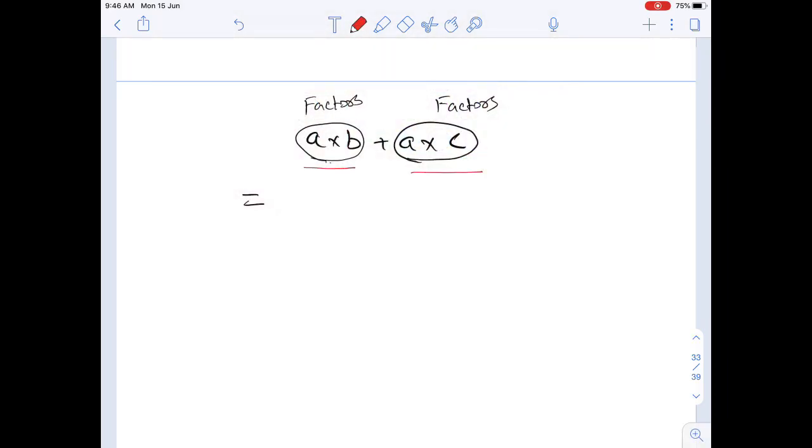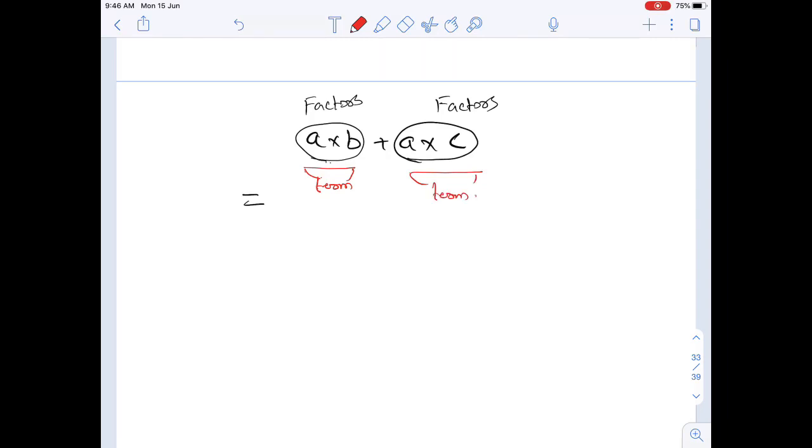Now between these two factors, that is this factor and this factor, what is present? A plus or minus sign. If it is present, then we can say that this total is a term, this total is the first term and this is the second term.